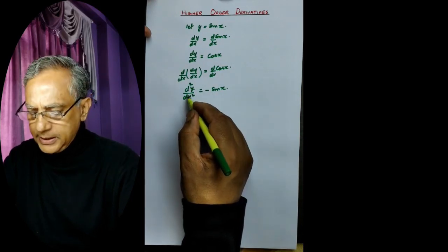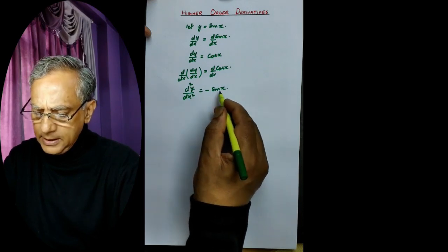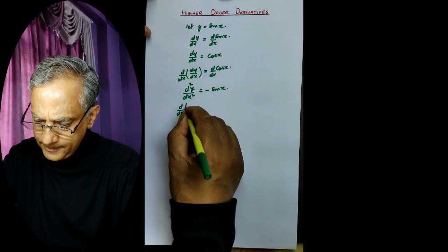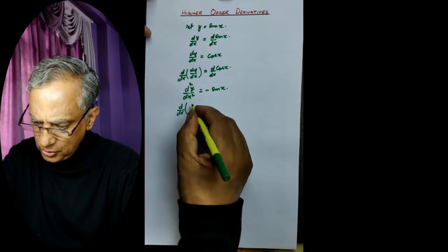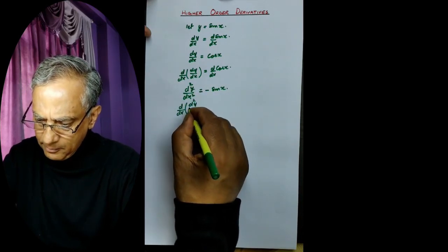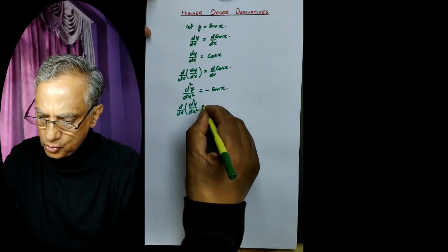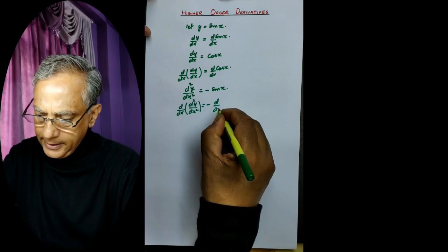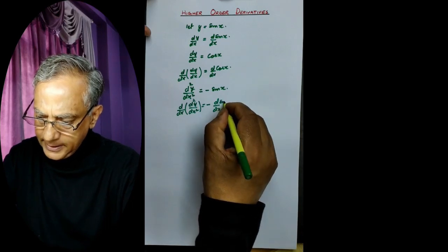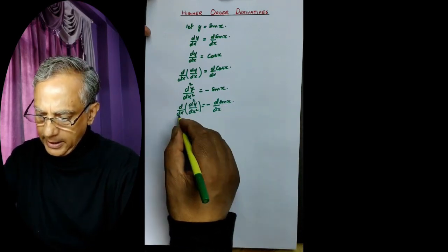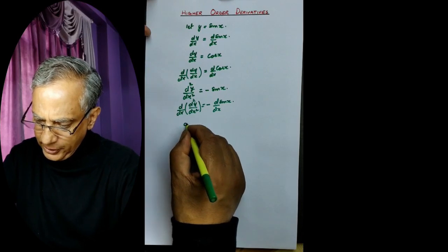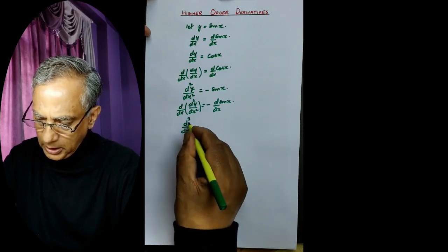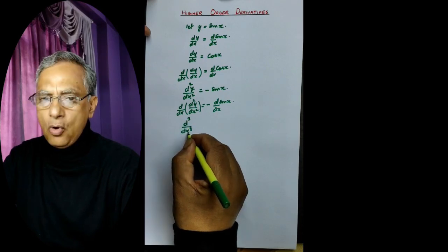And if we differentiate this again with respect to x, we are differentiating d2y by dx square. This is equal to minus d by dx of sine x. And this is written as d3 by dx cube, the third order derivative of y with respect to x.